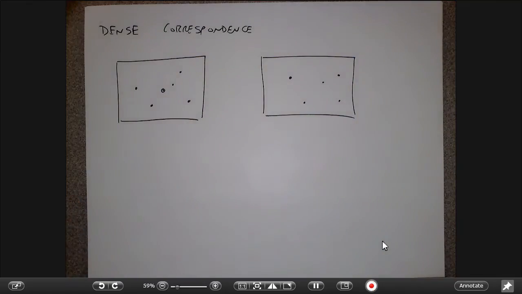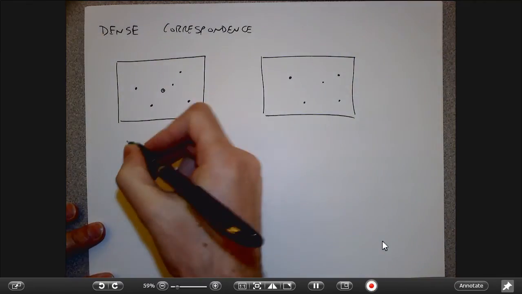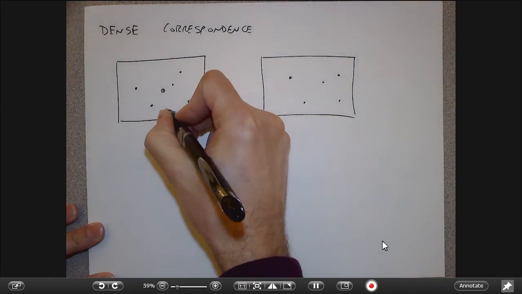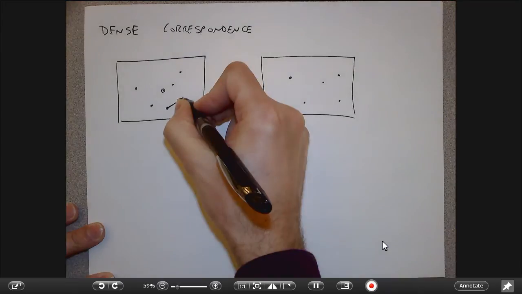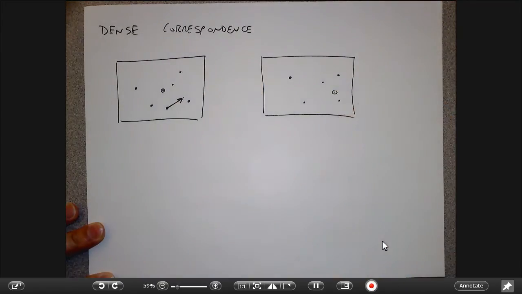That's what I mean by a dense correspondence: for every pixel we want to have a little vector attached to it that points over to where that pixel is in image number 2, okay?